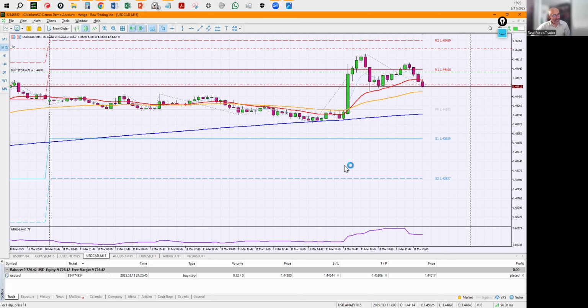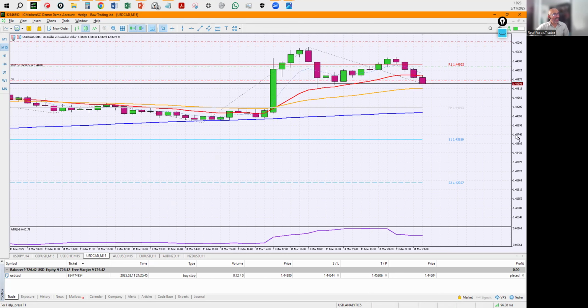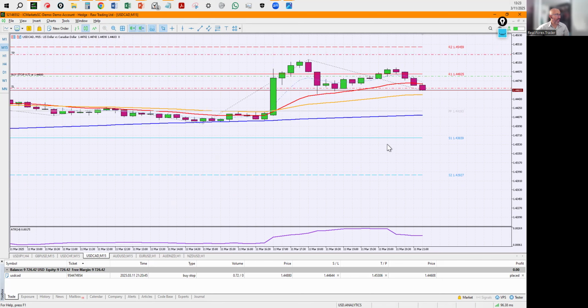Okay, let's analyze the potential situations here. It is wise to always enter with buy stops if I want to go long, or sell stops if I'm going short, never directly to the market. Why is that?